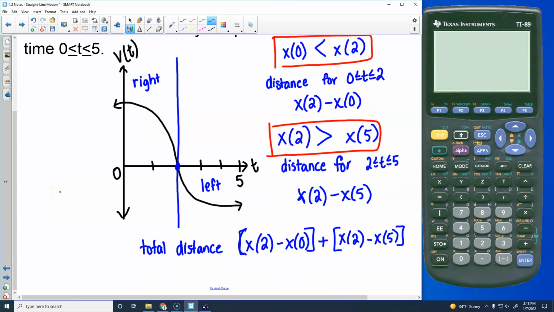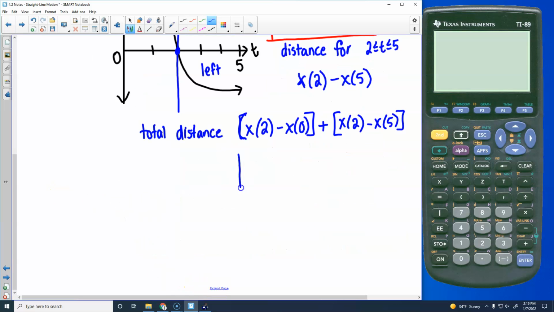So find a critical point and then add absolute value distance. Yeah, you could use absolute values here. If you did use absolute values, you really wouldn't have to think about order. Another expression you could do is the absolute value of x of 2 minus x of 0, and then it wouldn't matter what order.